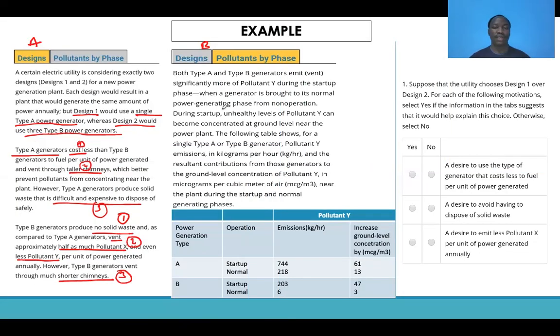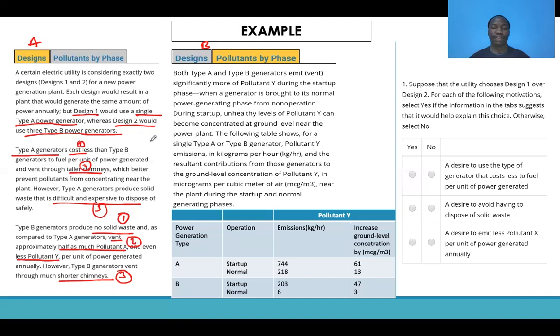Let's look at the second tab, pollutants by phase. It is tab B. Both type A and type B generators vent significantly more pollutant Y during the startup phase, when a generator is brought to its normal power generating phase from non-operation. During startup, unhealthy levels of pollutant Y can become concentrated at ground level near the power plant.